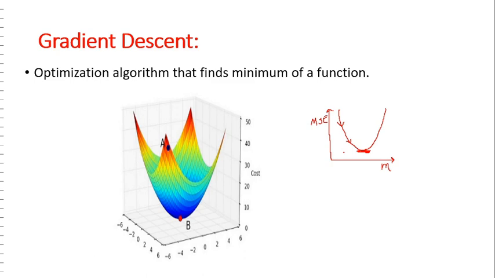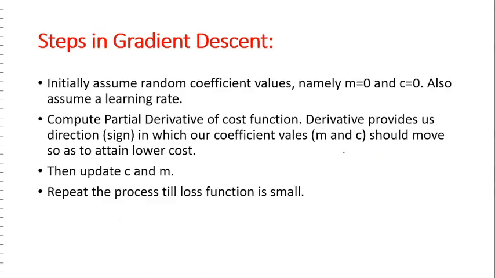Let us further see the gradient descent. Okay, so these are the steps that we shall see mathematically. Initially we need to assume a value for m and a value for c. So let us imagine we can have either 0 or we can have 1.